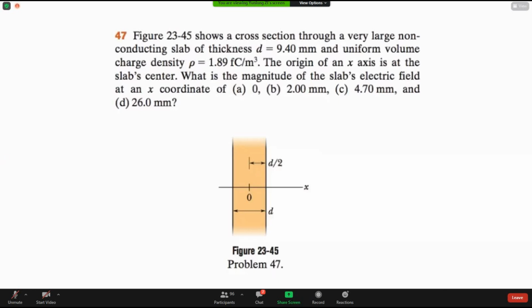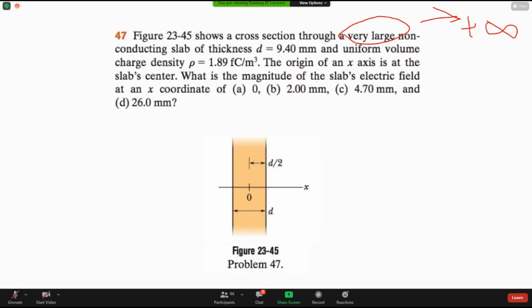This is basically a slab, but because it says very large, we can assume it is infinitely large. Basically this is a huge wall, and we are taking a look at the cross-section.